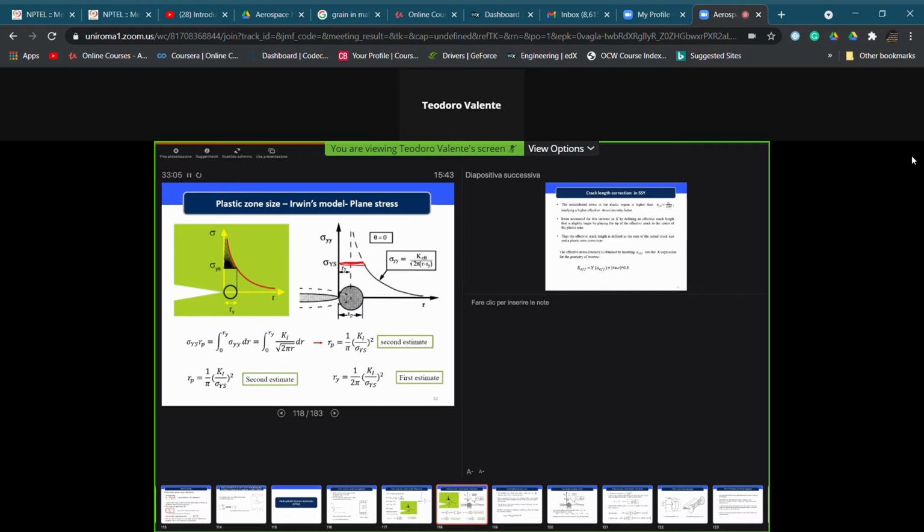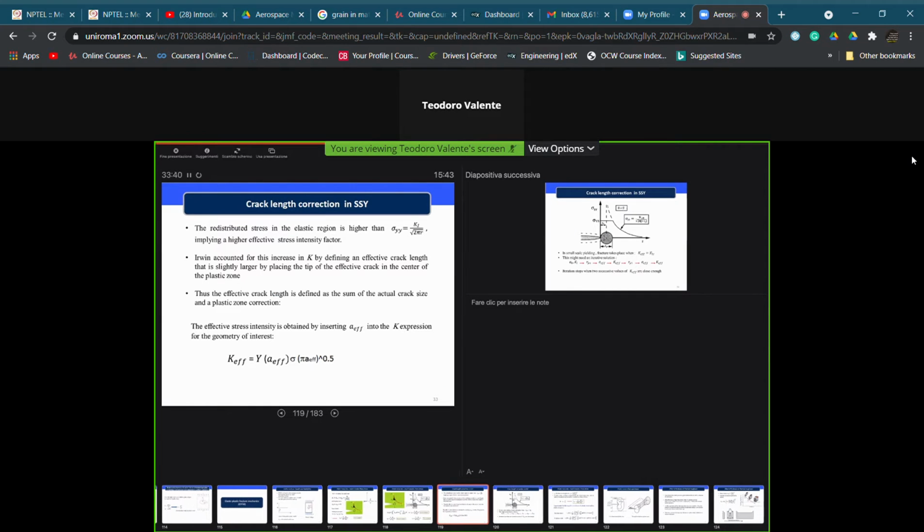And we can also make a further estimation of the plasticity radius, which is given by a force equilibrium, and which is substantially the same as the first, apart from the term 2, which is present here and is not present in the general formulation.